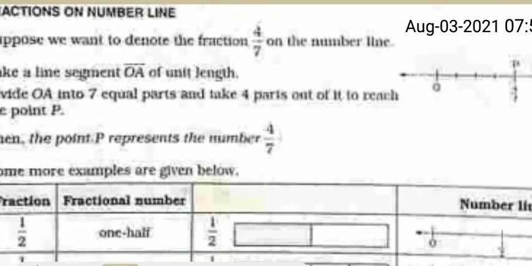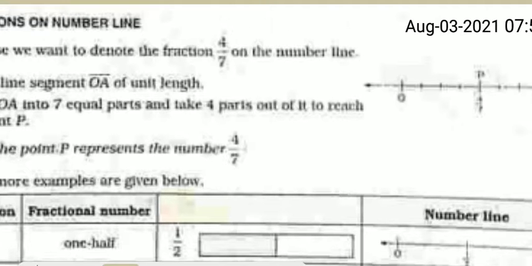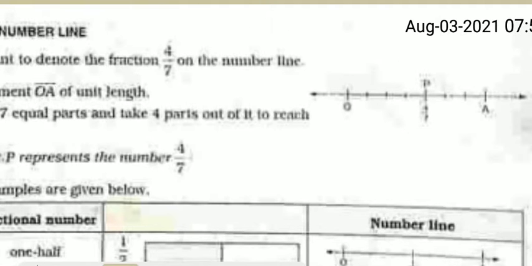Now divide OA into 7 equal parts. You can see that here OA is divided into 7 equal parts: 1, 2, 3, 4, 5, 6, 7. Okay, totally 7 equal parts.